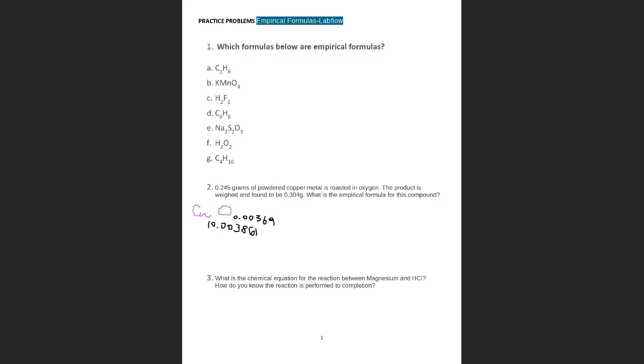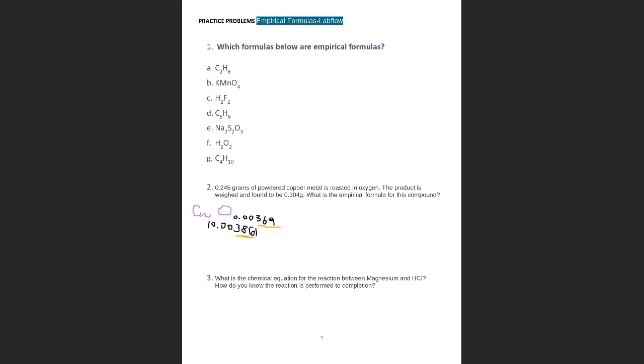This is the molar ratio, but because the empirical formula wants whole numbers, what I have to do is find which one is the smallest number. In my case, they're very, very similar, 369 and here 386.